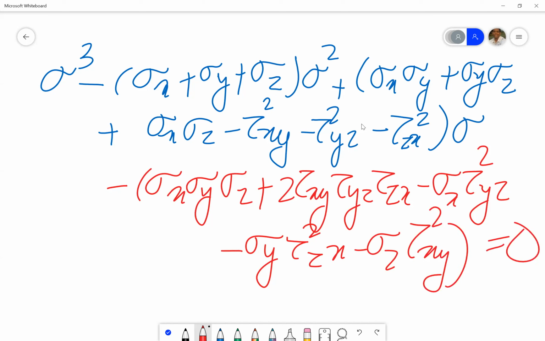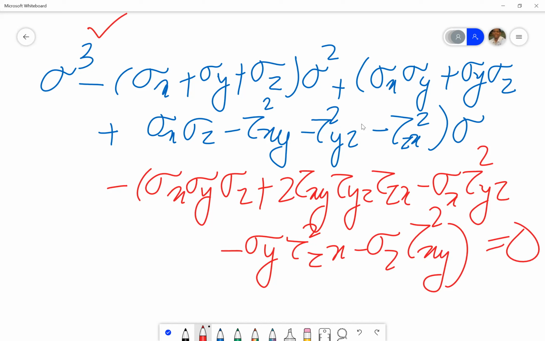This is the solution we will obtain from this determinant. The determinant is solved by opening the determinant bracket, where each component is multiplied. By multiplying this, we find this equation. There is a cube, so it is a cubic equation.